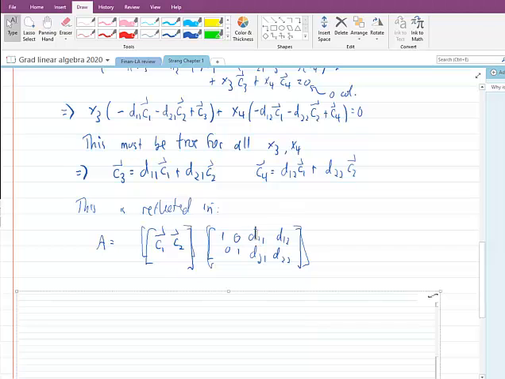Well, as you go down, D11 will pick up C1, D21 will pick up C2. And what I'll end up with is a column which is in fact D11 times C1 plus D21 times C2, which is exactly this relationship. For the fourth column, I would take this fourth column times C1, C2, and I get exactly this relationship.